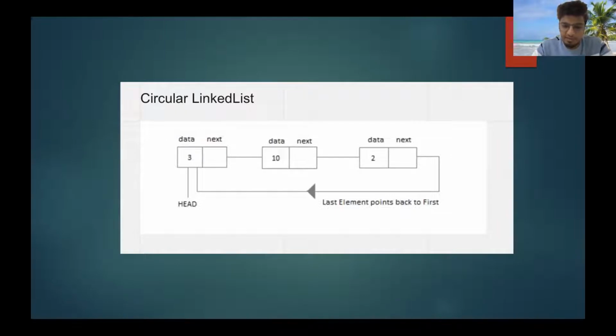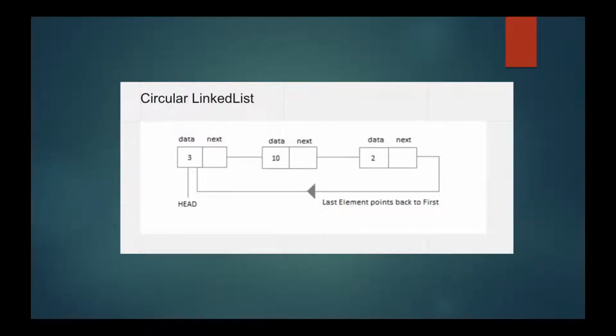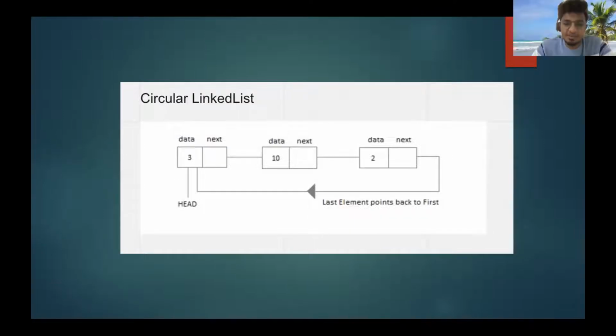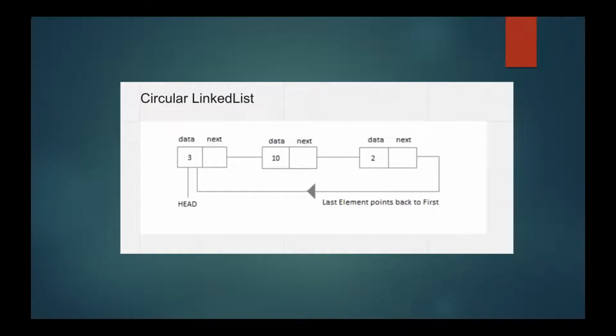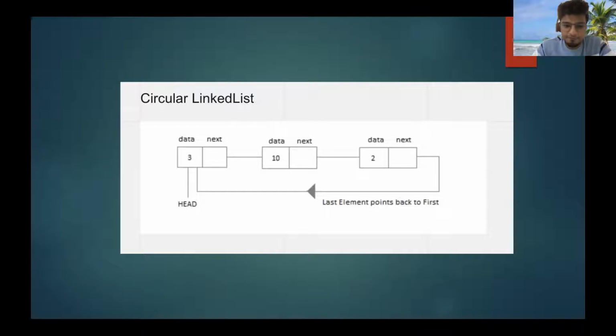And when you go to the end of your playlist and you select next, it will go to the first song of your playlist. It's basically a round robin version. Another example can be your operating system's allocation time. When there are multiple processes, it allocates CPU time based upon the round robin fashion. So this is for circular linked list.